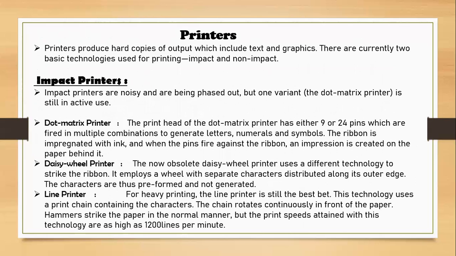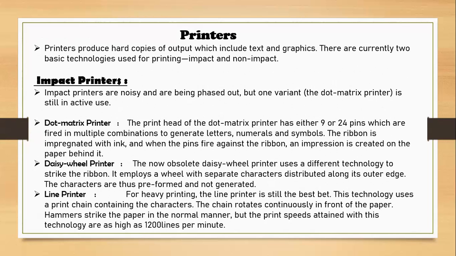In the case of impact printers, only the dot matrix printer is in active use even today. Apart from dot matrix printer, there are daisy wheel printer and line printer. Please remember the operation of each printer.